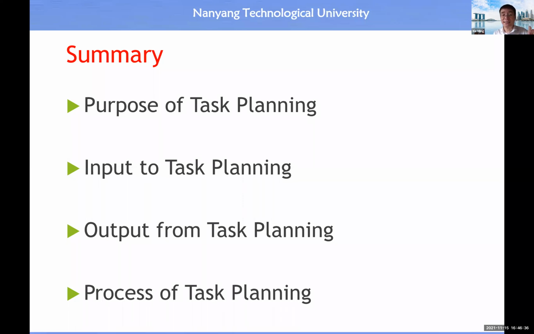However, the process of doing task planning must depend on the assistance from a human being, because today's robots have not yet reached the level of intelligence which will enable them to understand the job description.